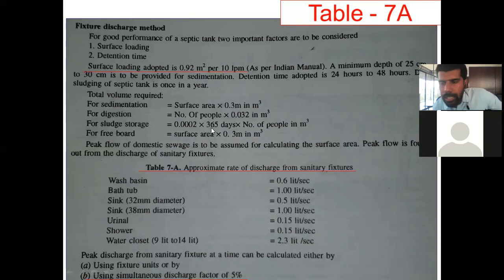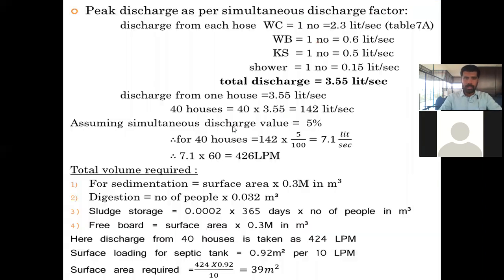That is, if the discharge is 10 liters per minute, the surface loading is 0.92 square meter. This is a constant that we have to memorize: for 10 liters per minute, 0.92 square meter is the surface loading.